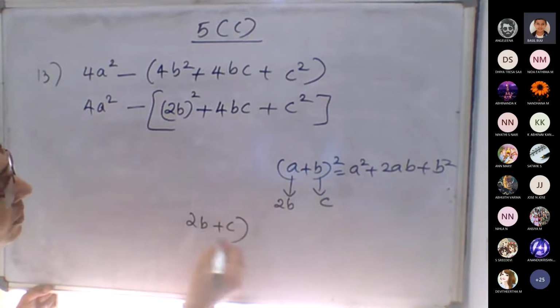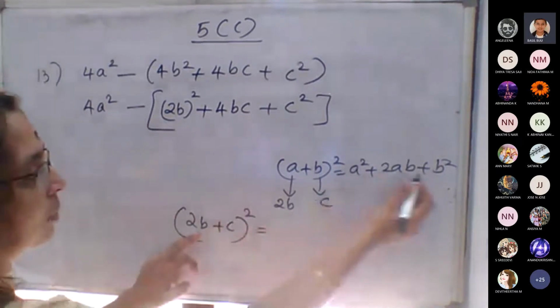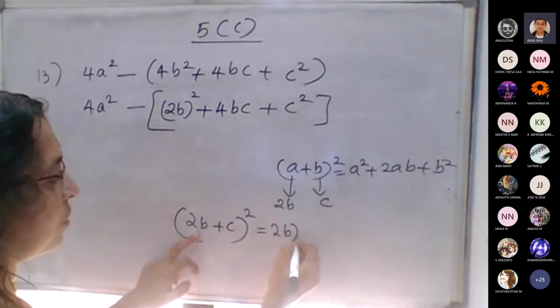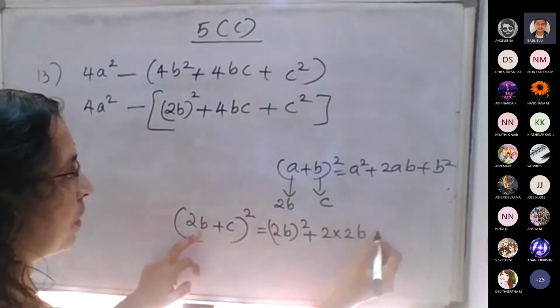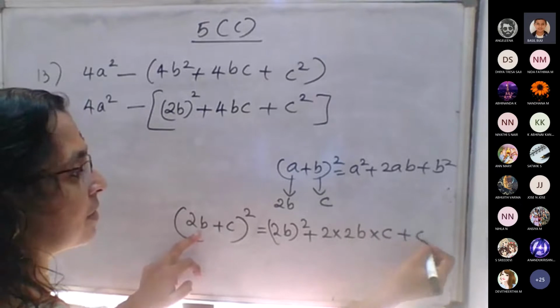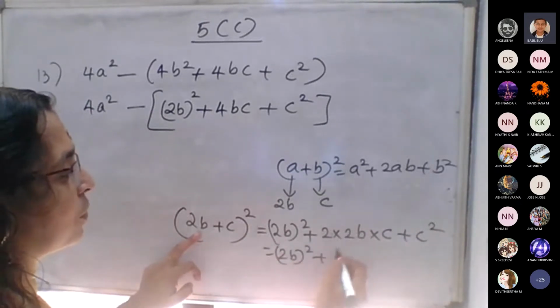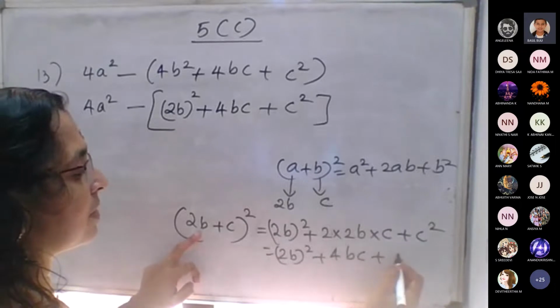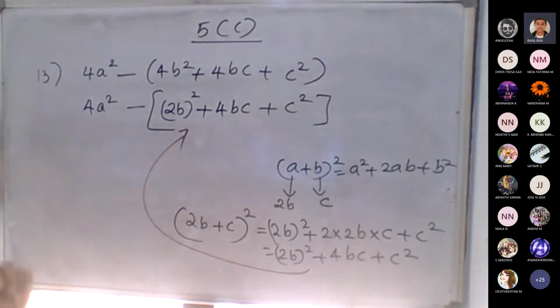Check it. 2b plus c whole square, possible or not? Can we write a square plus 2ab plus b whole square? 2b the whole square plus 2 into 2b into c plus c square. That is 2b the whole square plus 4bc plus c square. That only we have. Understood or not?